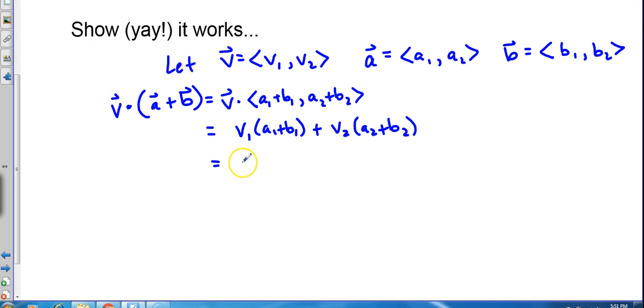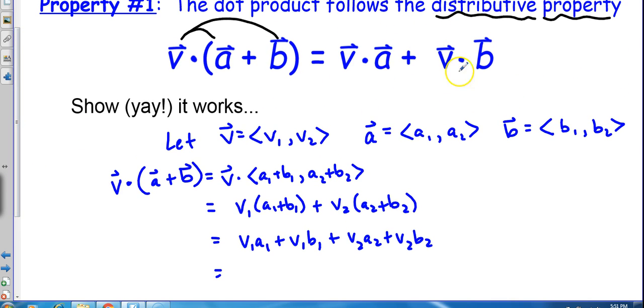We distribute this. We've got V1 A1 plus V1 B1 plus V2 A2 plus V2 B2. And so we're going to use the commutative property to move some stuff around. Remember, ultimately, we're just trying to show that it's equal to this thing over here.